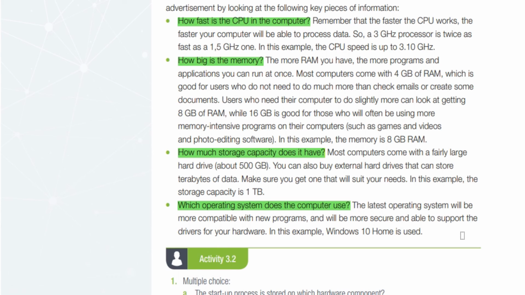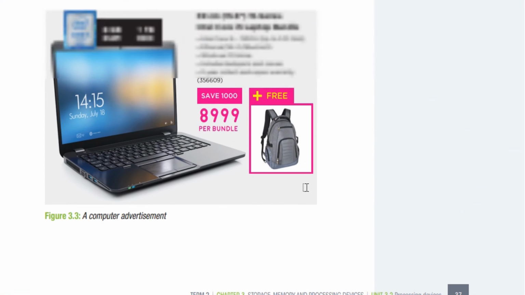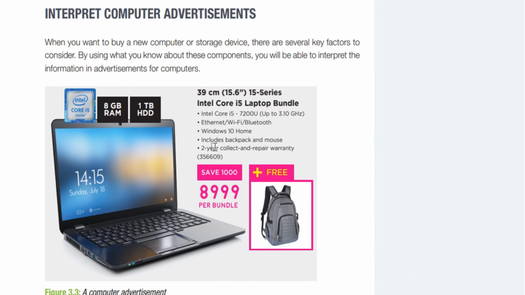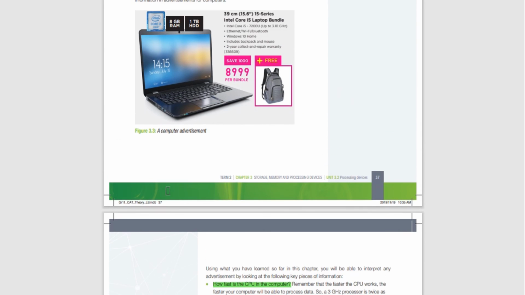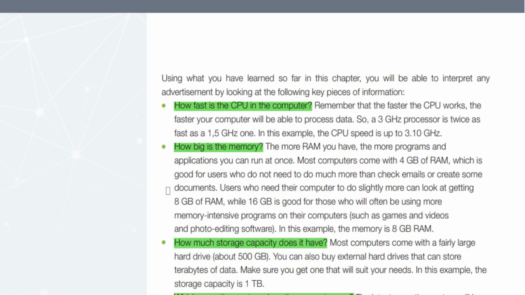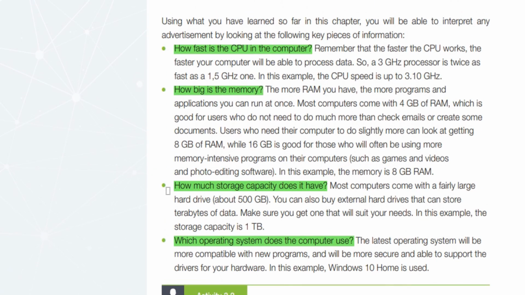In this example, the storage capacity is 1 terabyte. We are looking at this example, right? And then lastly, which operating system does the computer have?